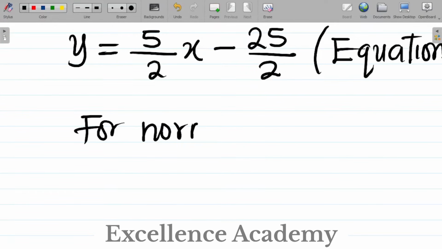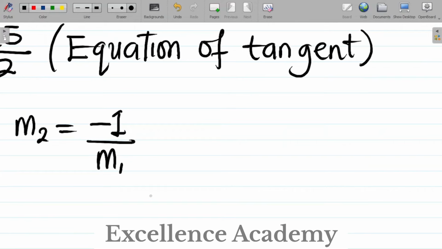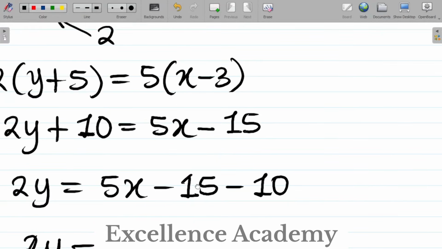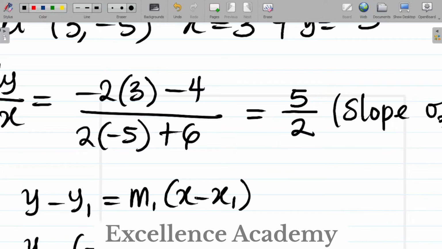For the normal, once you get the equation of the normal, the first thing to note is that the slope of the normal, m2, is simply equal to the negative inverse of m1, where m1 is the slope of the tangent. Going back upwards, the first slope m1 is 5 over 2.